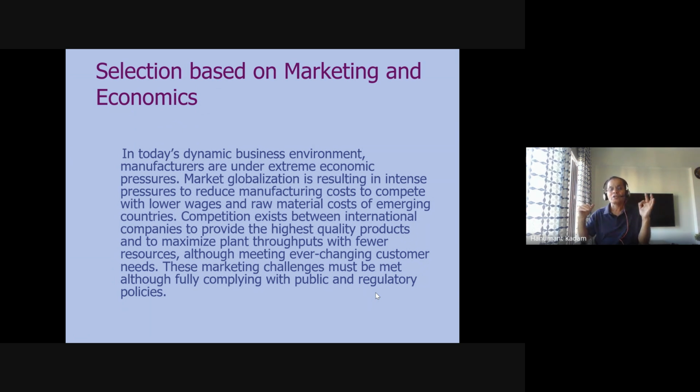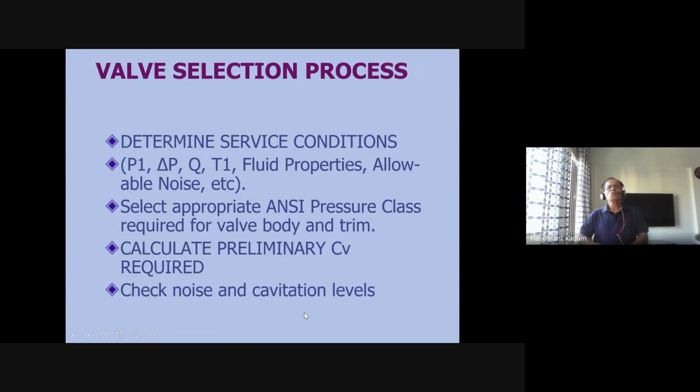If you purchase the same valve for 10 lakhs by compromising the quality of the material, definitely it will be hazardous if there is leakage. Hazardous gas will come out, the environment will get polluted, and there will be casualties among people and societies staying around.